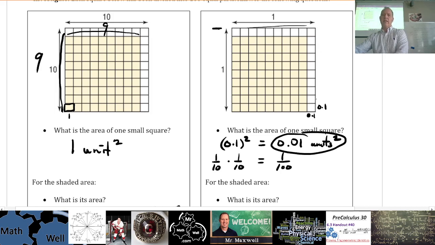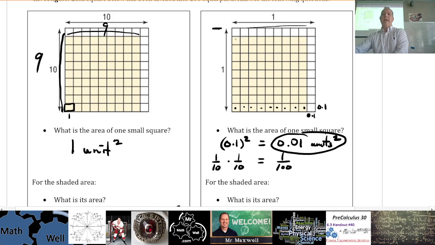Okay, let's see. If each one of these squares is 0.01 units squared, so that's this one here, this one also, this one, this one. How many actual squares do I have here? I have 81 squares.